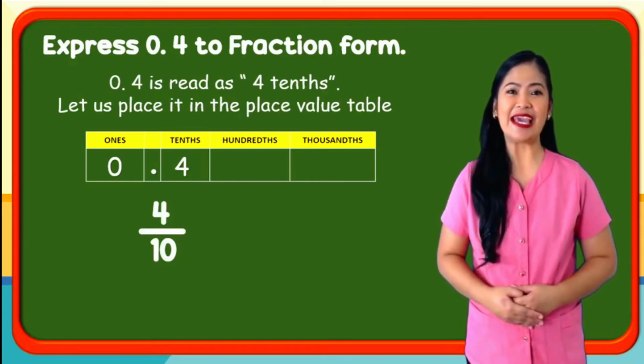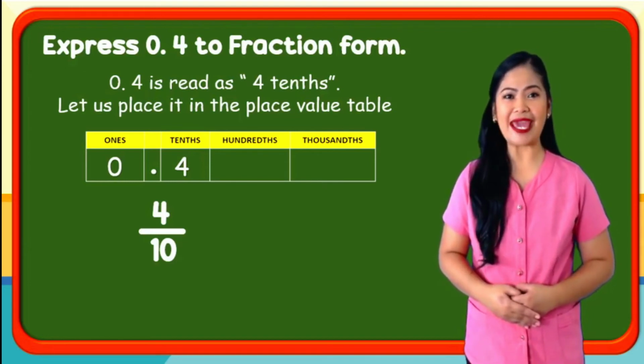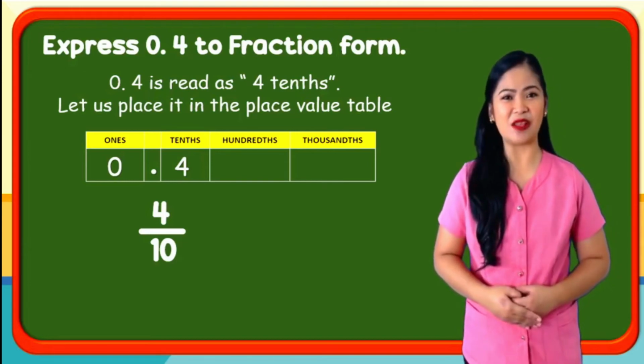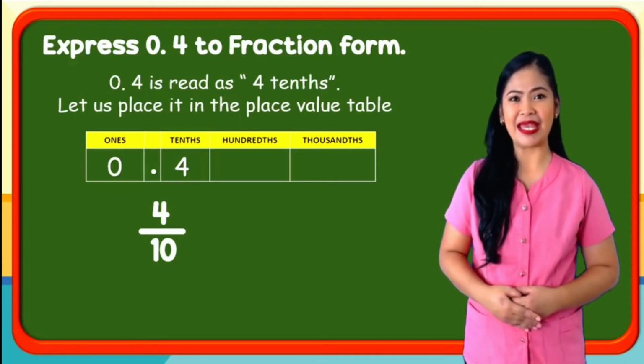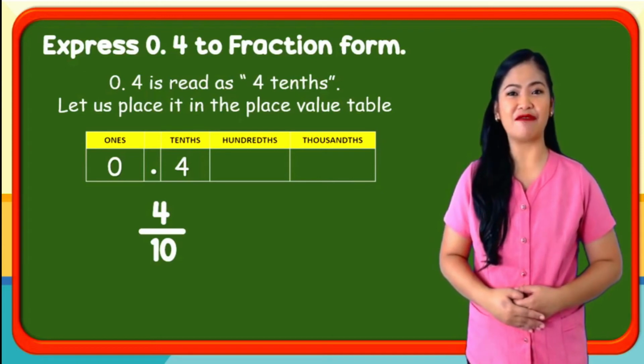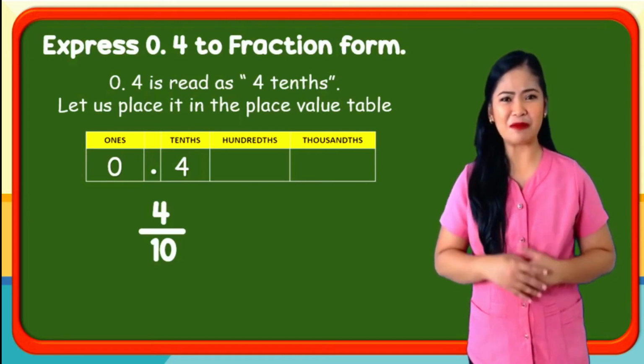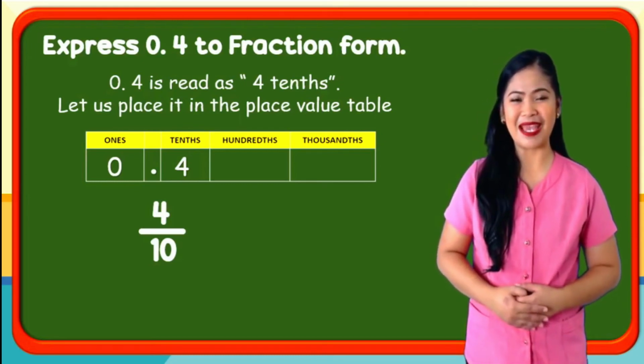Of course, in changing decimals to fractions, we have to make sure that we express our answers in lowest terms. Then, if we have 4/10, to get its lowest term, you have to think of a number that you can divide 10 and 4 by without a remainder. What could be that number? Correct.